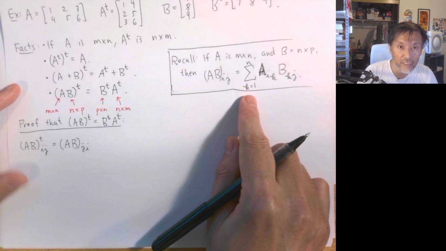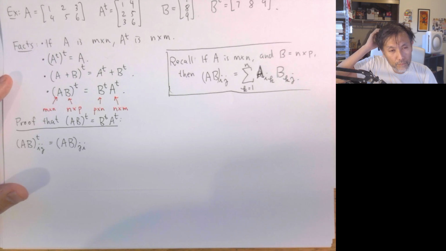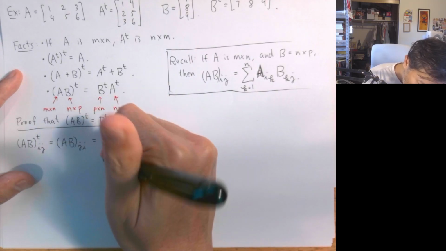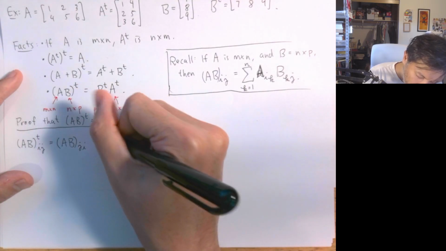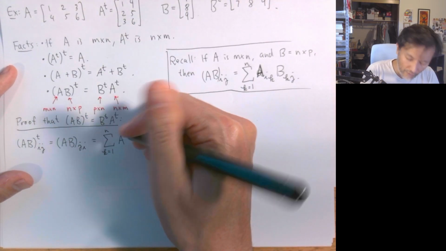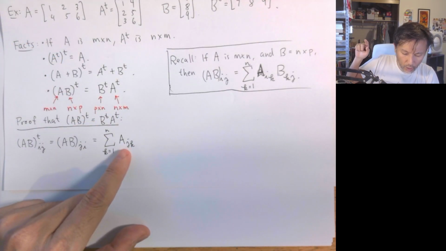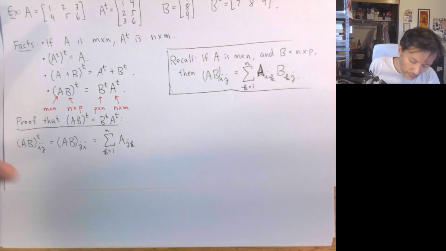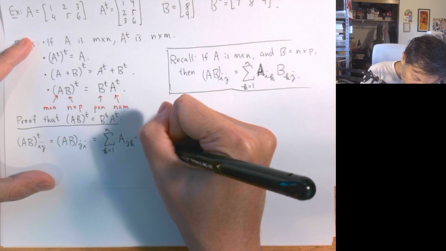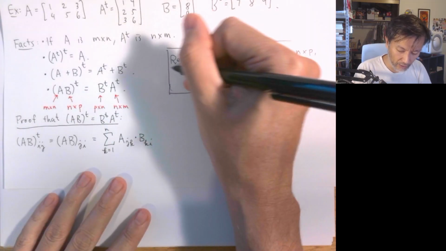But by this fact, this is equal to the sum from k equals 1 up to n of the jth row of A, as k runs from 1 to n, interleaved with the ith column of B. So this is an application of this factoid right here.